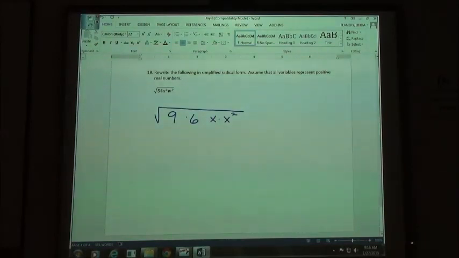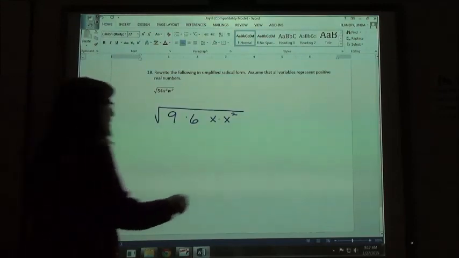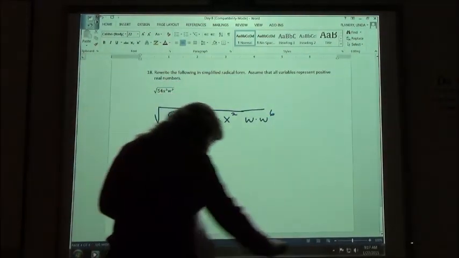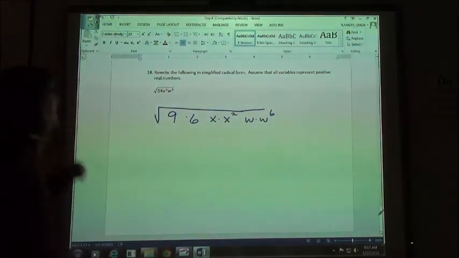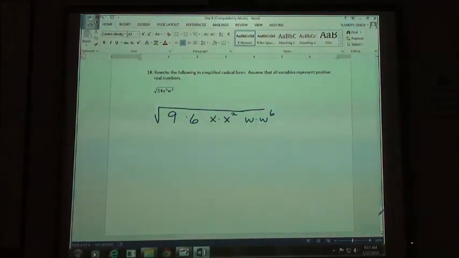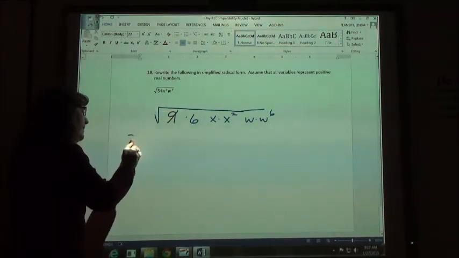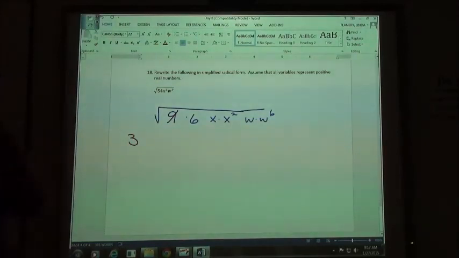How about the w to the 7th? What should I do with that one? W and w to the 6th. Exactly. So now that I've got it all factored out, I can take out my square roots. What am I going to take out? Your 9. The square root of 9 is 3.